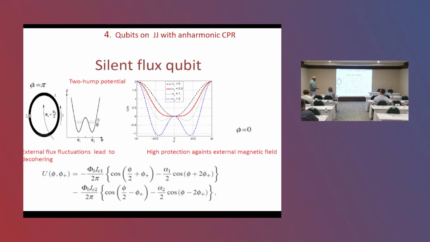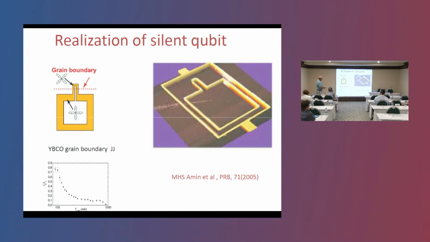In the case of a second harmonic in the current phase relation, it is possible to take, for example, such a potential of Josephson junction, and as shown in this study, we can create silent qubits.